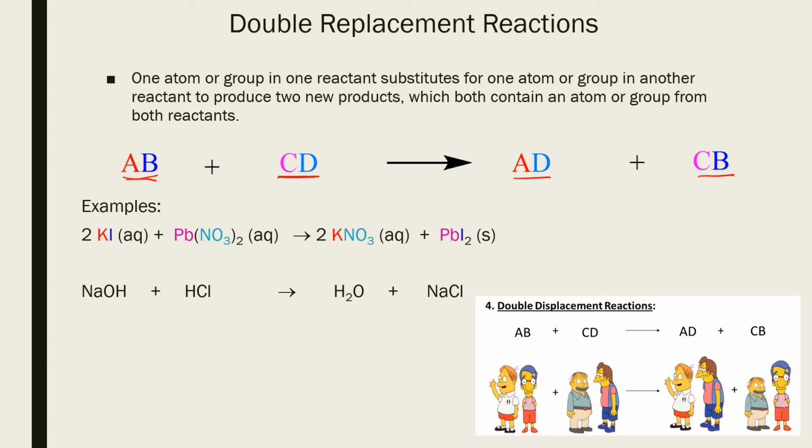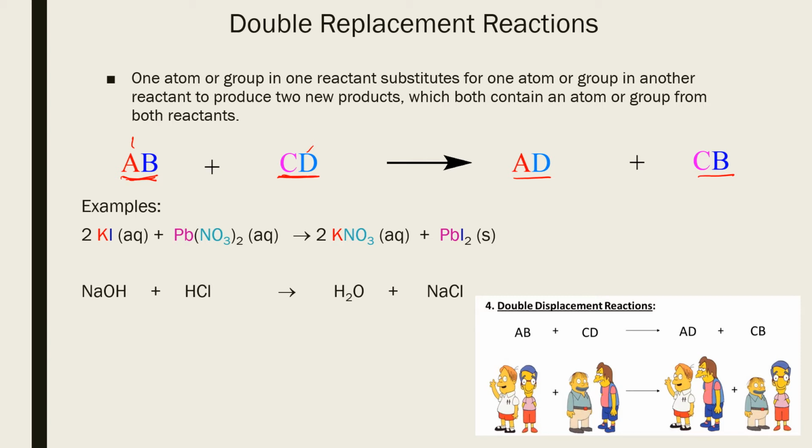So AB has now become AD, and B has paired up with C. This can be considered similar to when two couples are dancing and they switch partners. So this is also a similar case in which the partners are switched.